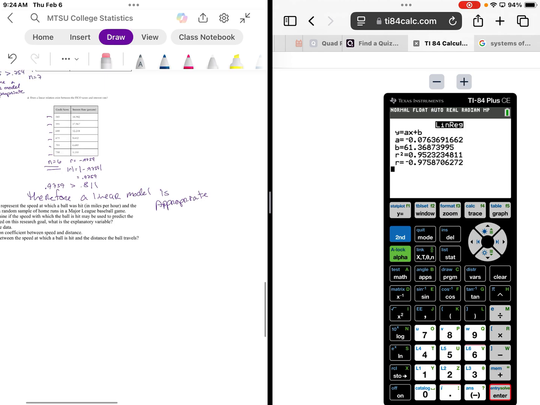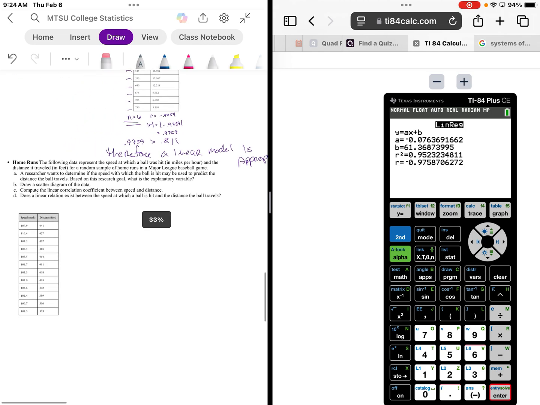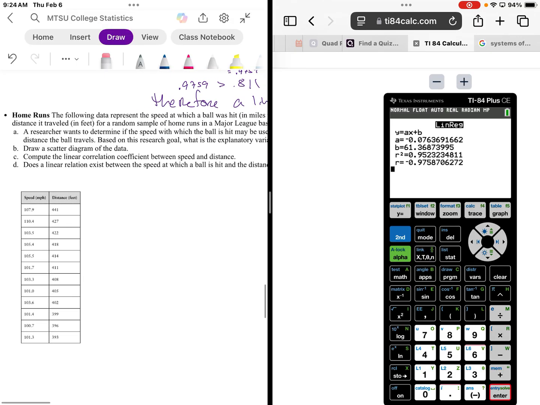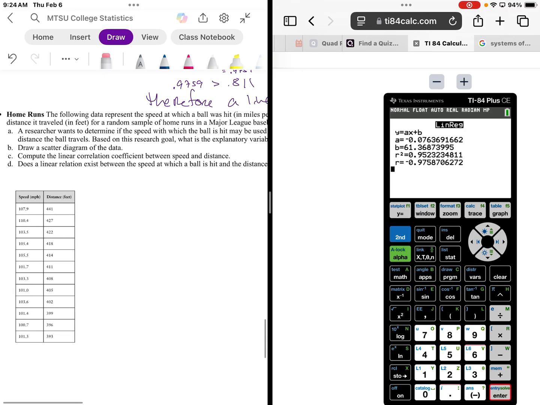Okay. Again, this next one is kind of there for you to do as well. We're going to hold off on that one. But drawing. The one thing we haven't done yet is drawing the scatter plot with the calculator.